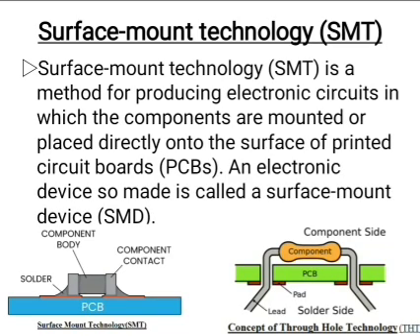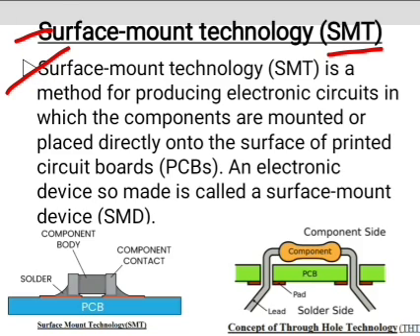Dear students, in this session, I will explain what is surface mount technology and what are the advantages and disadvantages of surface mount technology. What is surface mount technology, SMT?